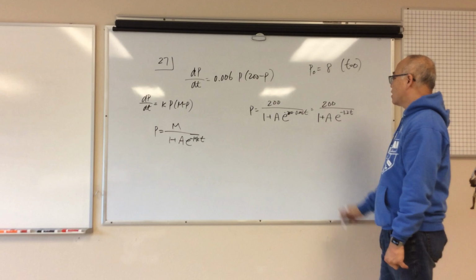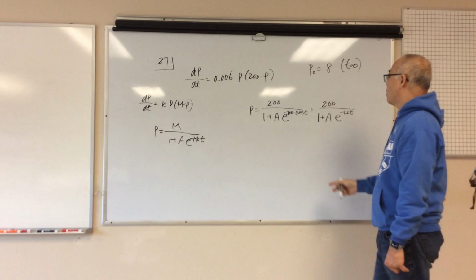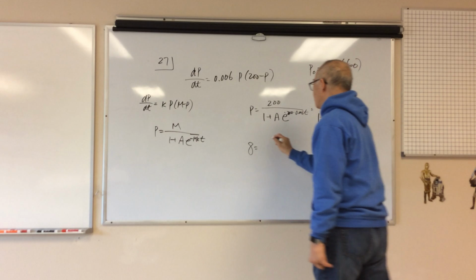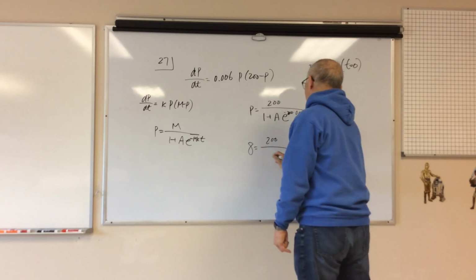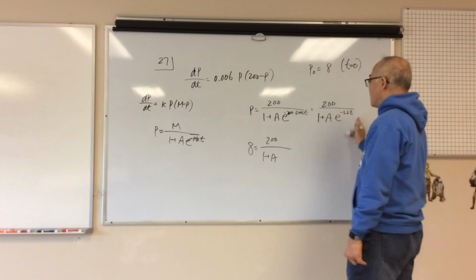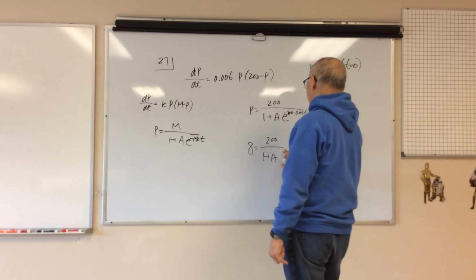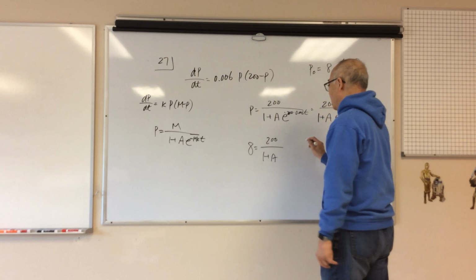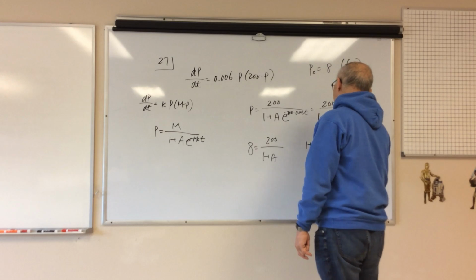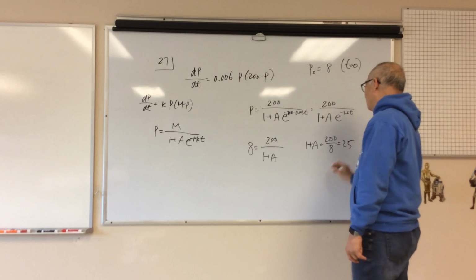So how do I solve for A? I'm going to utilize this guy here. When t is equal to 0, P is equal to 8. So I get 8 is equal to 200 over 1 plus A, and t is equal to 0, so this guy becomes 1 right here. So I get 1 plus A is equal to 200 divided by 8, which is 25.